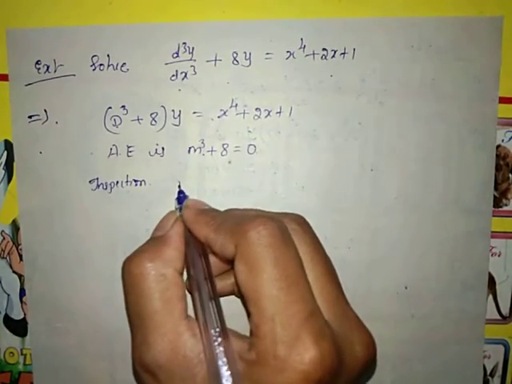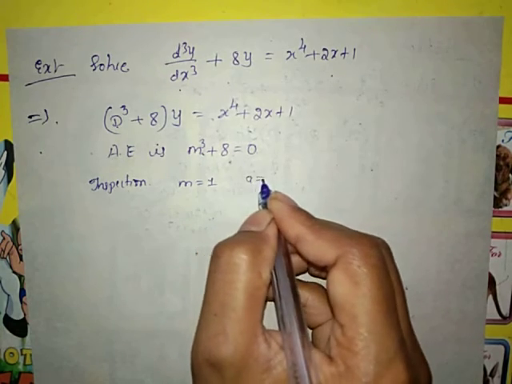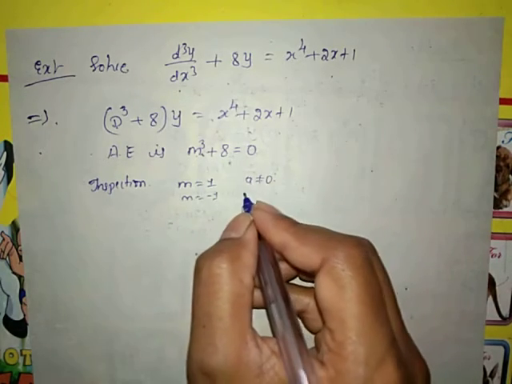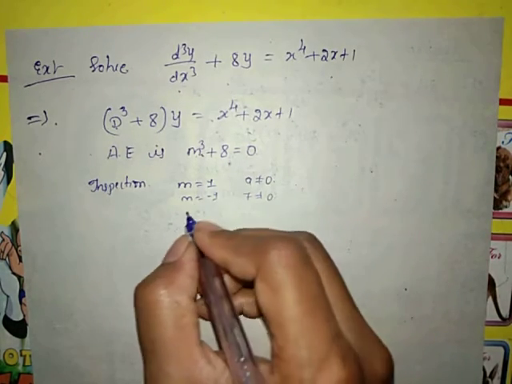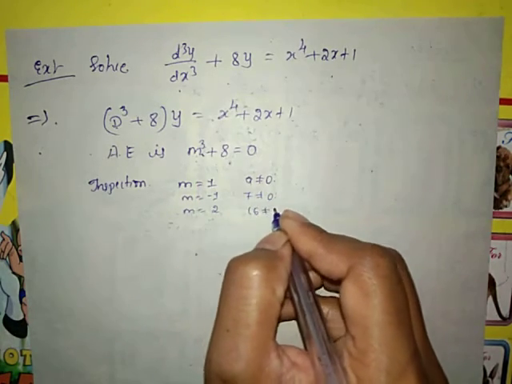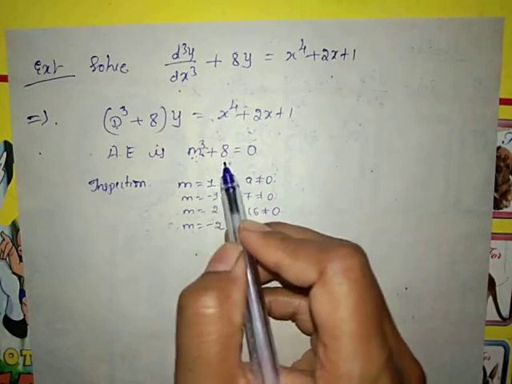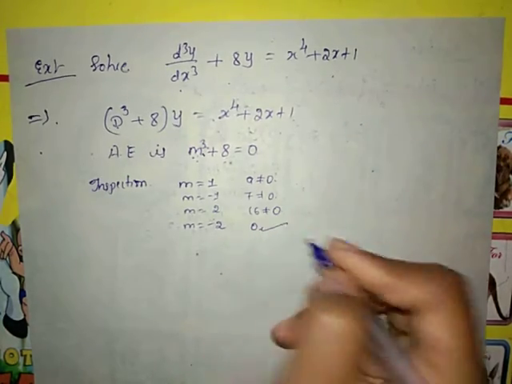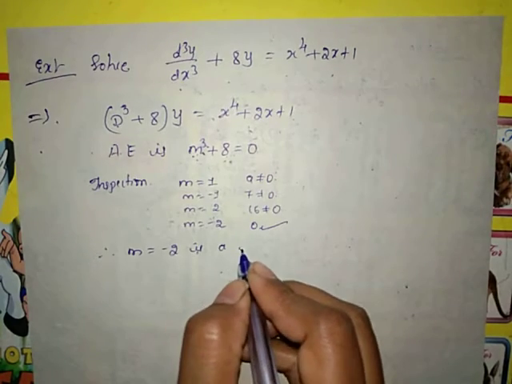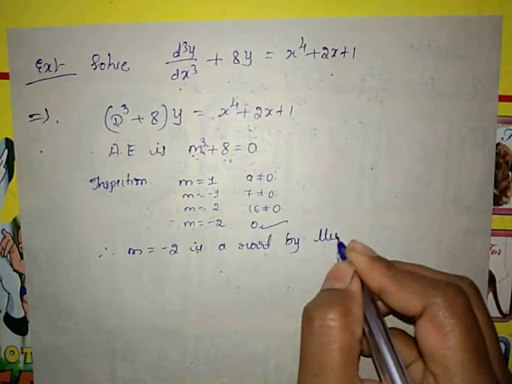By inspection, m equal to 1: 1 plus 8 is 9, not equal to 0. m equal to minus 1: minus 1 plus 8 is 7, not equal to 0. m equal to 2: 2 cube is 8, 8 plus 8 is 16, not equal to 0. m equal to minus 2: minus 2 cube is minus 8, plus 8 is 0. So m equal to minus 2 is a root by inspection.